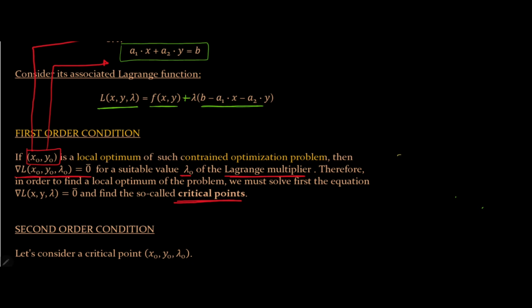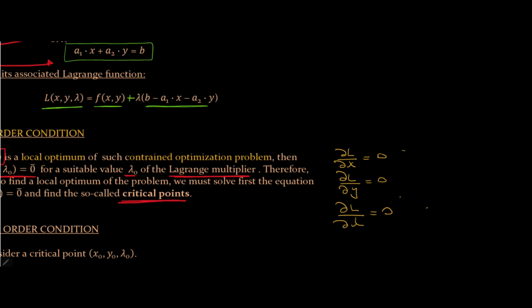So it's a system like the partial derivative according to x of the Lagrange function equals 0, the partial derivative according to y of the Lagrange function equals 0, and then the partial derivative according to the Lagrange multiplier also equals 0. And this is now the critical point equation system.